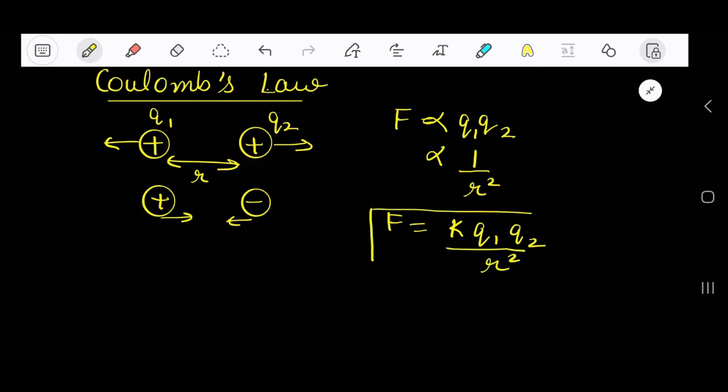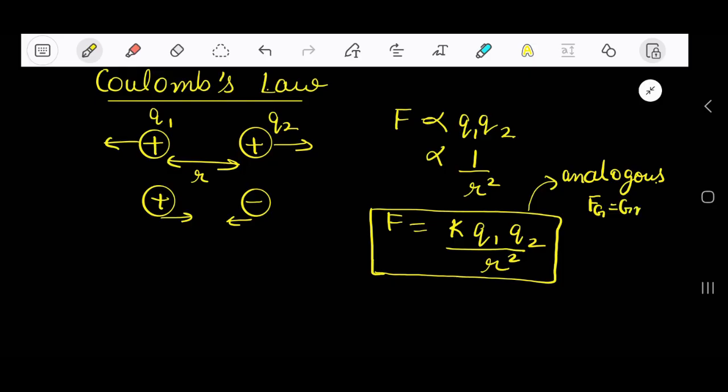So this is the magnitude of force of attraction or repulsion between the two charges, which is quite analogous to what we have studied in class 11th, force of gravitation, which was G m1 m2 upon r square.